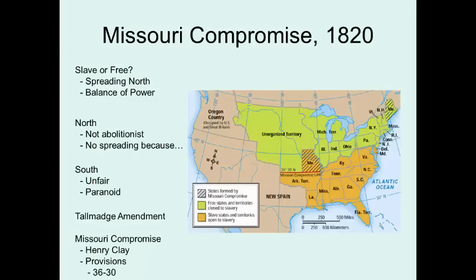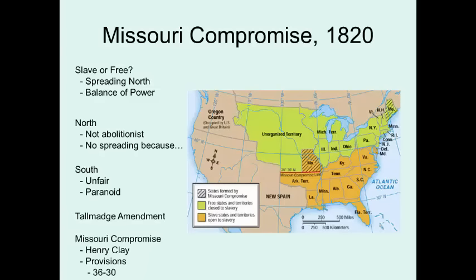This will finally be broken by something called the Missouri Compromise in 1820. The Missouri Compromise was brokered by a man named Henry Clay. And it basically had two provisions.